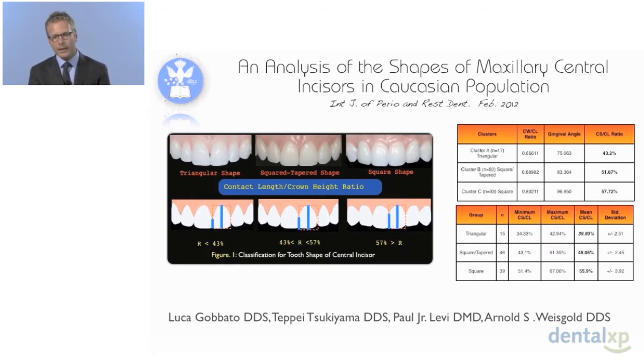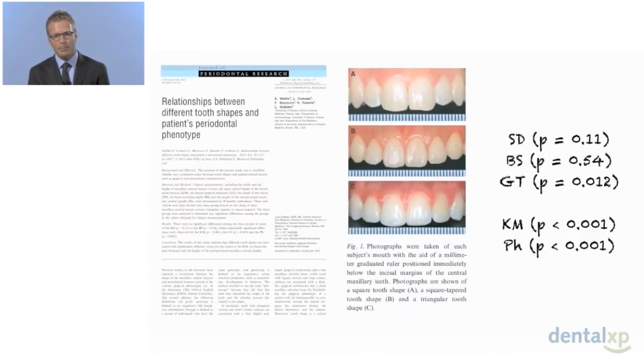Then we identified these three types of clusters based on tooth shape, and we analyzed some periodontal parameters, such as the keratinized mucosa and the height of the interproximal papilla. We saw a statistically significant difference in these two measurements, the quantity of keratinized mucosa and the height of the interproximal papilla, which is definitely longer in patients with the triangular tooth shape compared to patients with the square tooth shape.